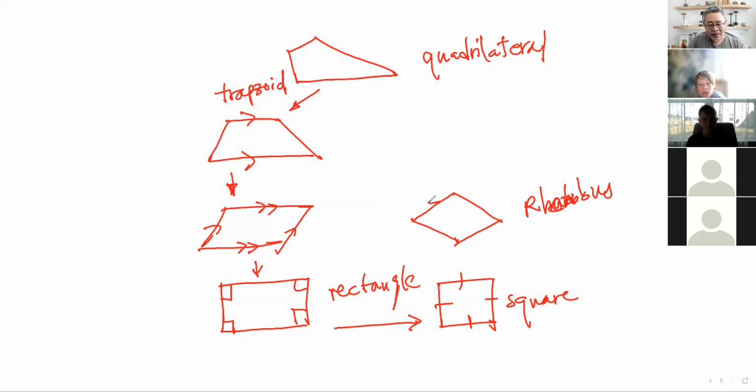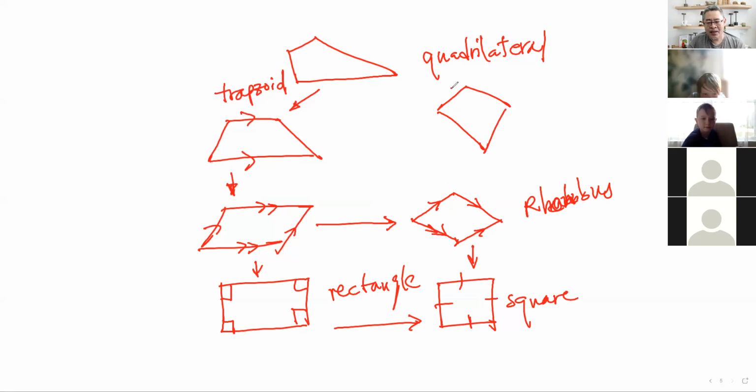So we know this side and this side parallel, and this side and this side parallel. So it's a special case of a parallelogram. A special case of a rhombus will be a square. And then we have something kind of by itself, this, which is a kite. Yep. Okay, are we good on this one? All right, wonderful.